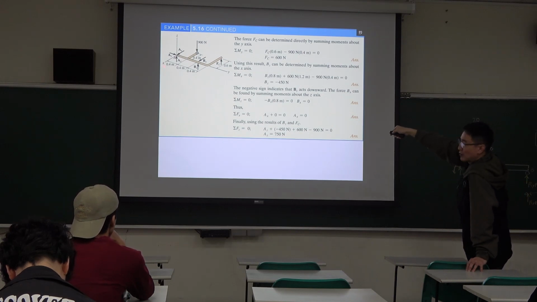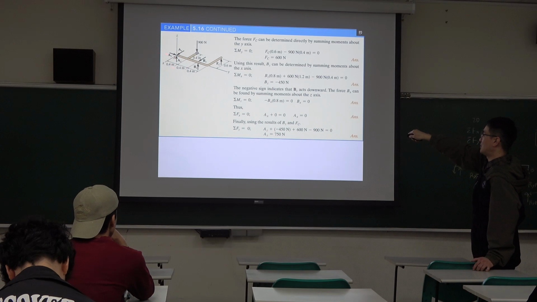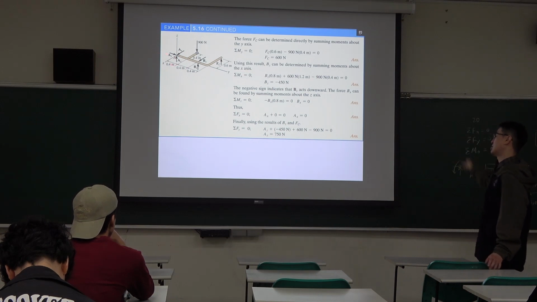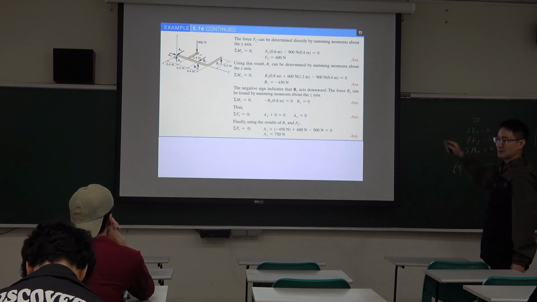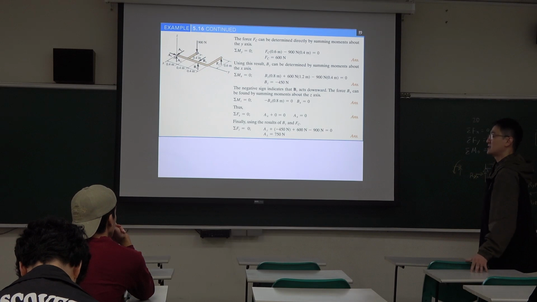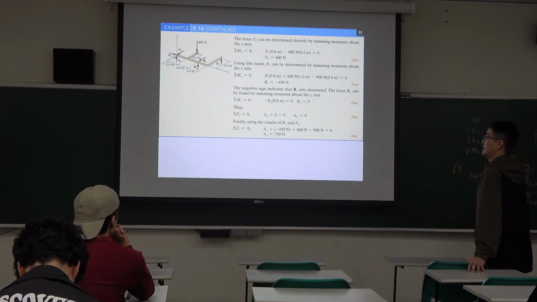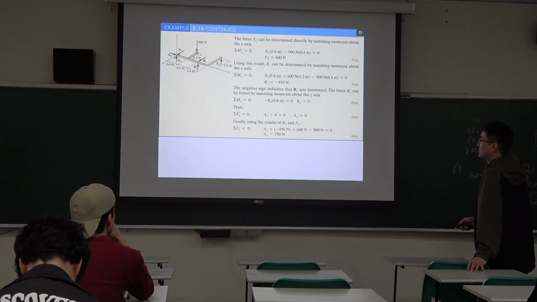The level arm is 1.2. Okay, then 900, the level arm is 0.4, so a clockwise moment. And then the equilibrium equation gives us BZ is negative 450. So negative means the force direction is opposite to what we assumed.